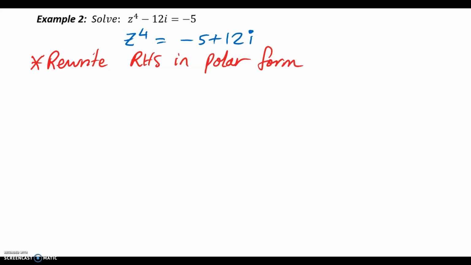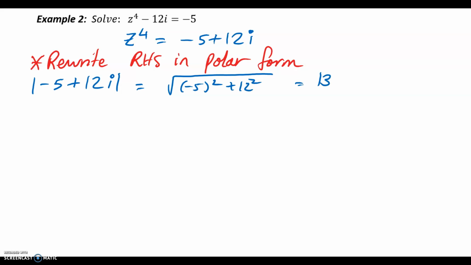Now what we need is our modulus. That's just using Pythagoras, negative 5 squared plus 12 squared, which gives you 13.